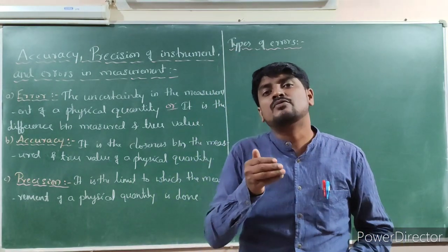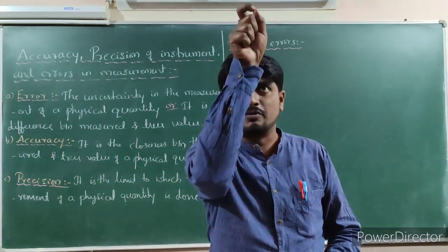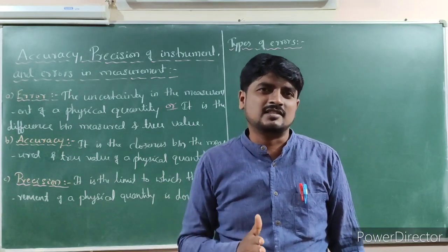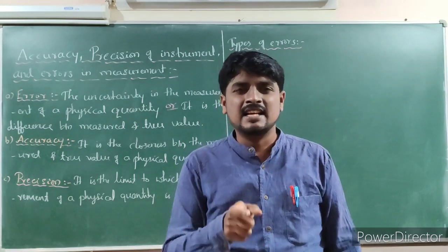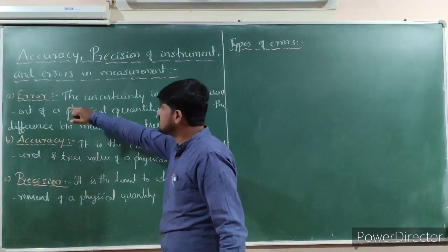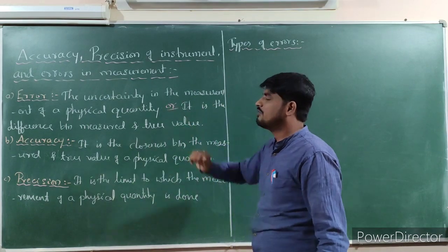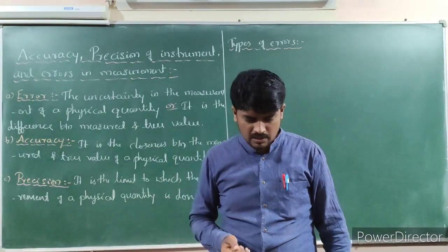Or if it is exceeding 5, that is 5.1, or not exactly coinciding on the 5 centimeter line, then what you say is, it is more or less. That more or less is there, no? That uncertainty itself is termed as the error. The uncertainty in the measurement of a physical quantity is called error.